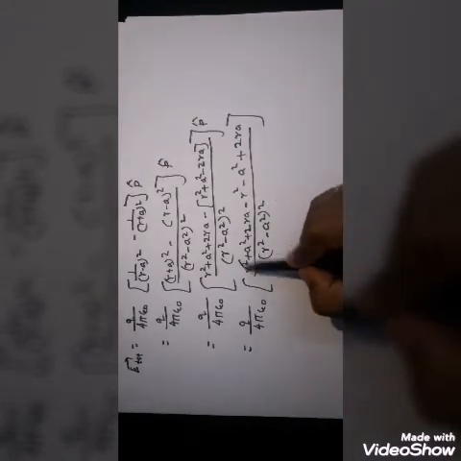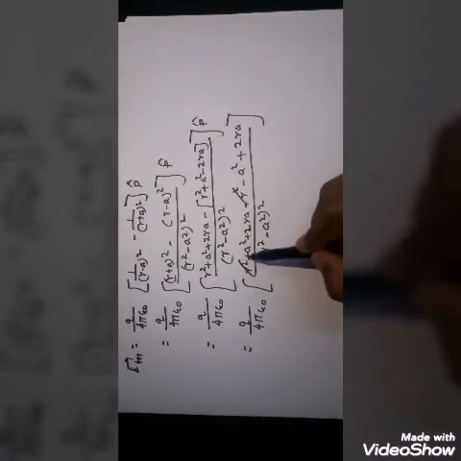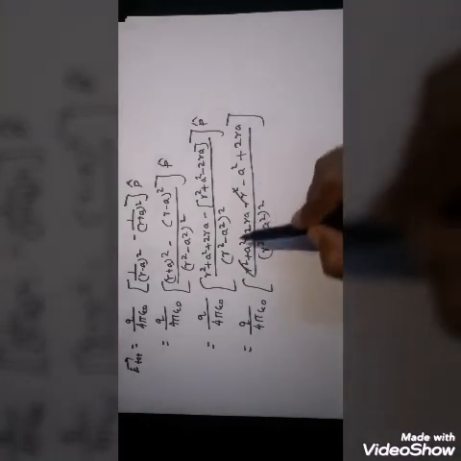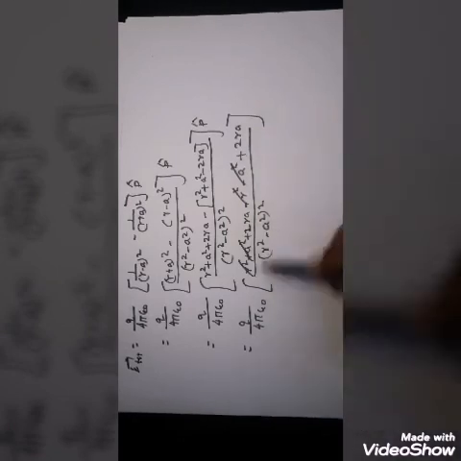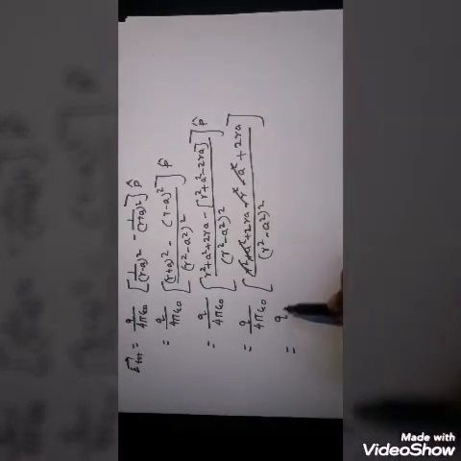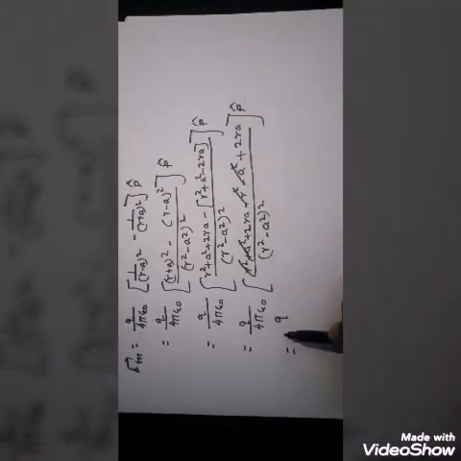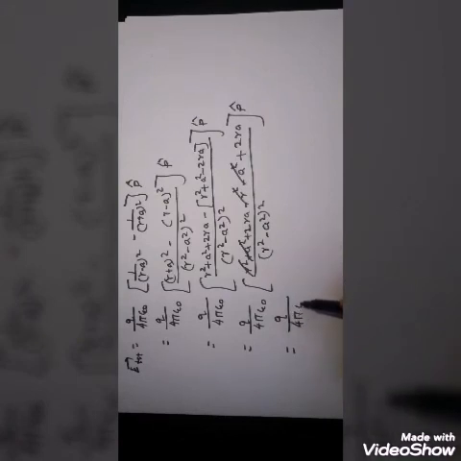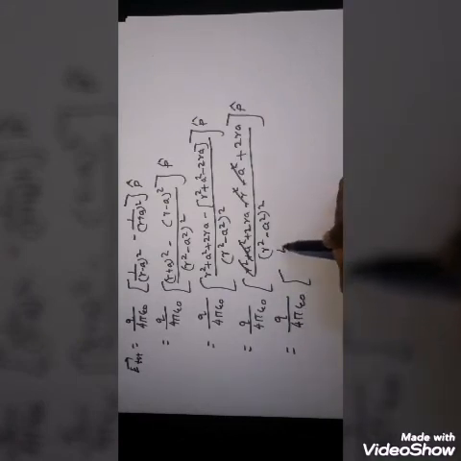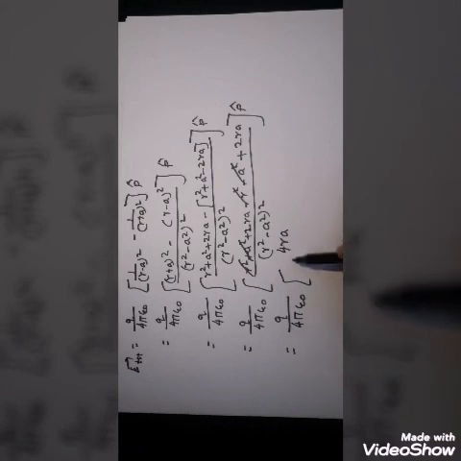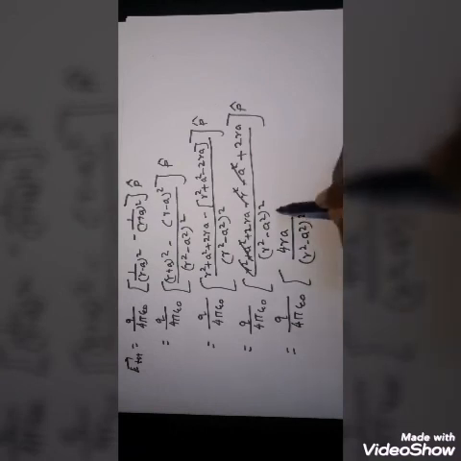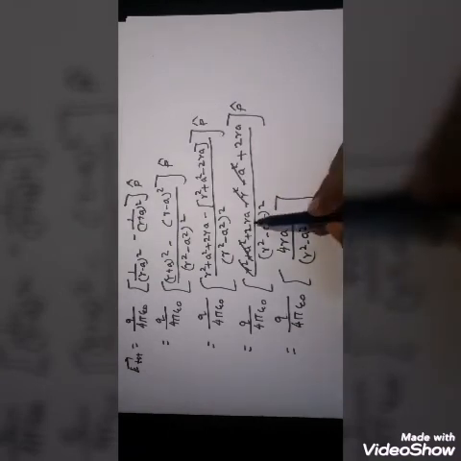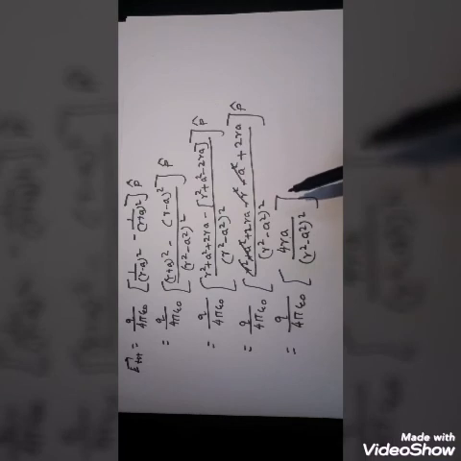Now we cancel plus r square minus r square, and plus a square minus a square. After this we get q by 4 pi epsilon naught, 4ra divided by (r square minus a square) the whole square. Here 2ra plus 2ra is 4ra.